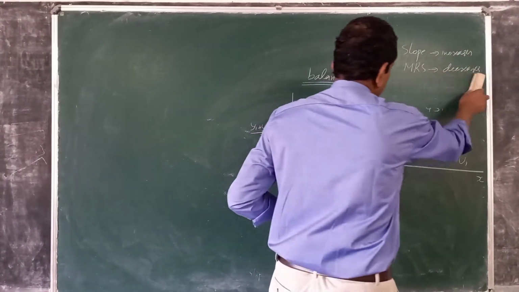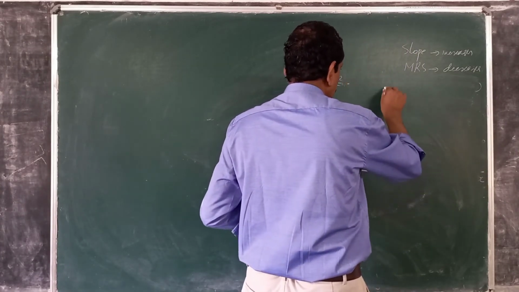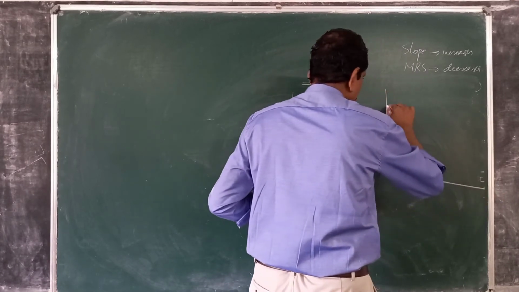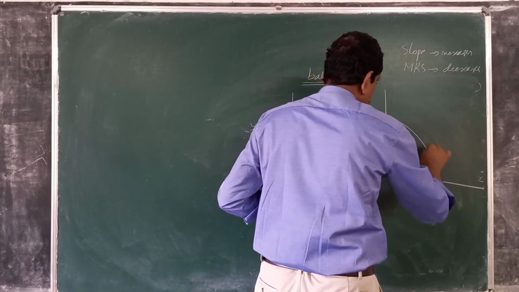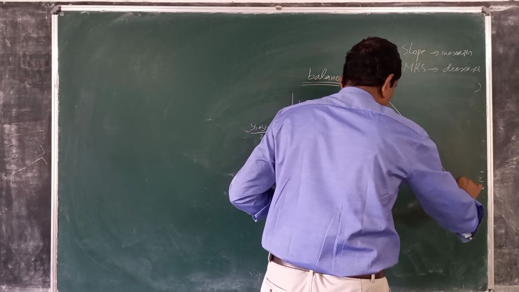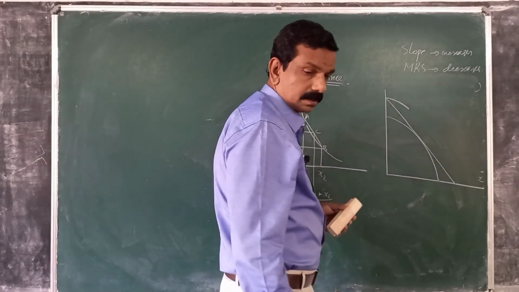Now consider an indifference curve which is not convex. The shape is like this.